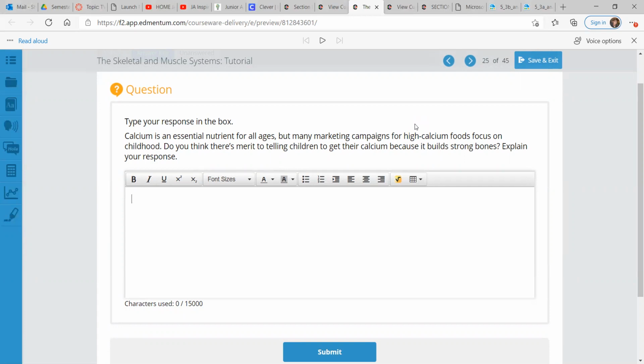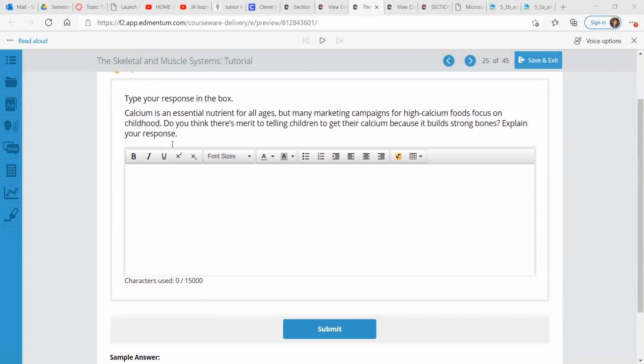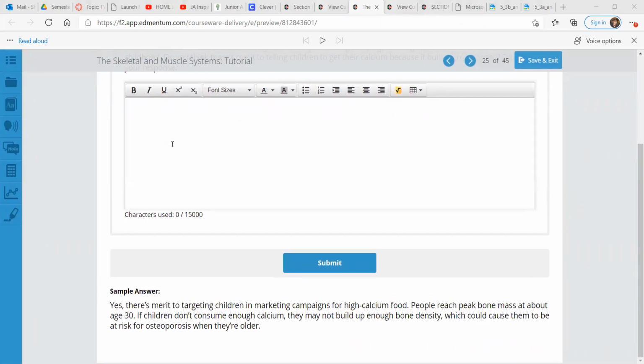Explain your response. Okay. Calcium is an essential nutrient for all ages. Sample answer.